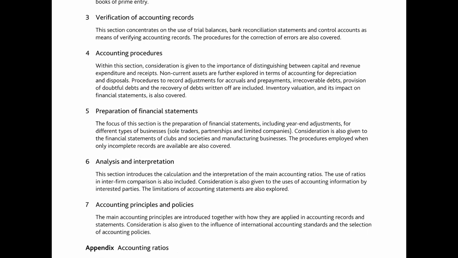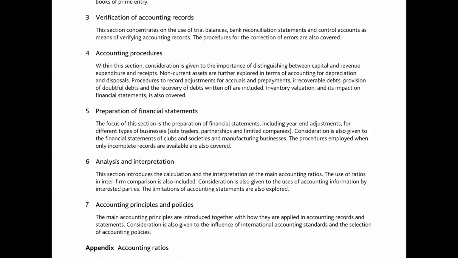Now, under this one, we'll consider the importance of distinguishing between capital and revenue expenditure and receipts. We introduce you to the concepts of non-current assets, and further, we'll introduce to you the accounting for depreciation and disposals.